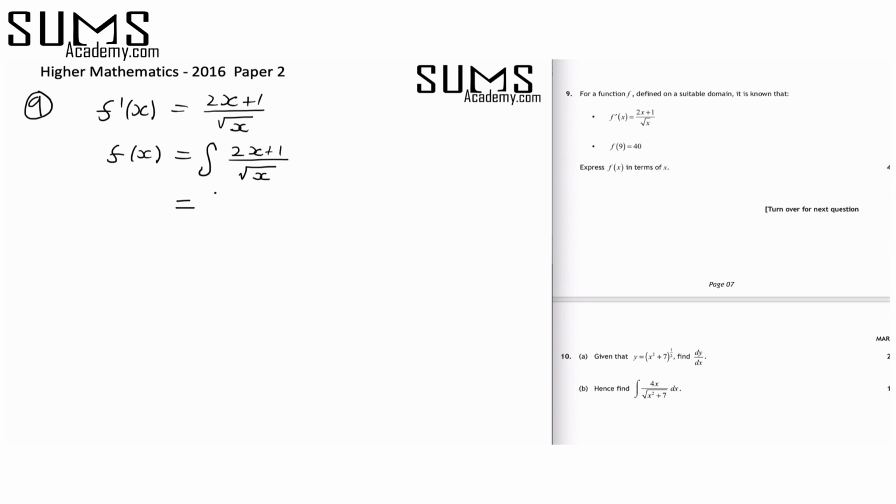So 2x plus 1, and instead of having this to the half, you're going to want to have this over x to the 1 over 2, and then it might even be good to separate the terms. So 2x over x to the 1 over 2, plus 1 over x to the 1 over 2.